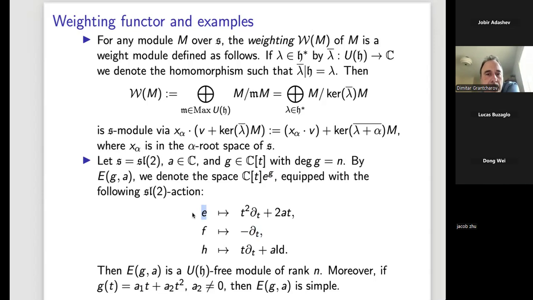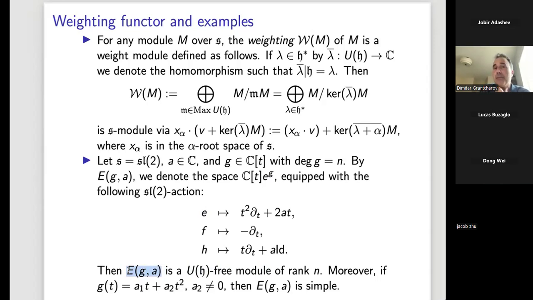So we have several presentations, and this is some very, very primitive version of D-module theory. But yet, the important part is that different presentations of SL2 in terms of differential operators give you different exponential modules and hence different UH3 modules. So we have something like 3 families or 4 families of exponential modules. And for one of them, we still don't know whether the corresponding modules are simple.